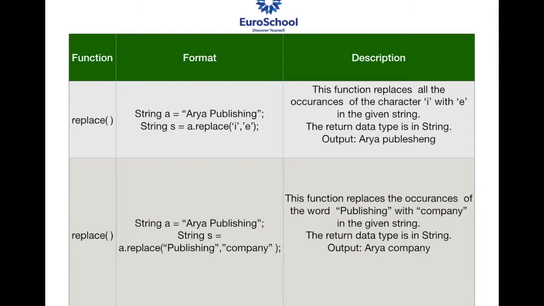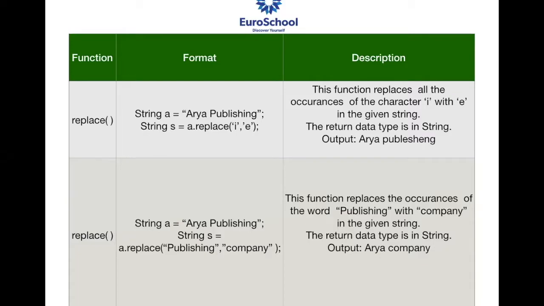Now that was for the character. If you are changing the whole word, when I say word, it is a blank space, and whatever is there after the blank space till the next blank space is considered as one token, or you can call it one word. So here again Arya Publishing, and I have changed the word publishing to company. Publishing is more than one letter, so I'm using double quotes.